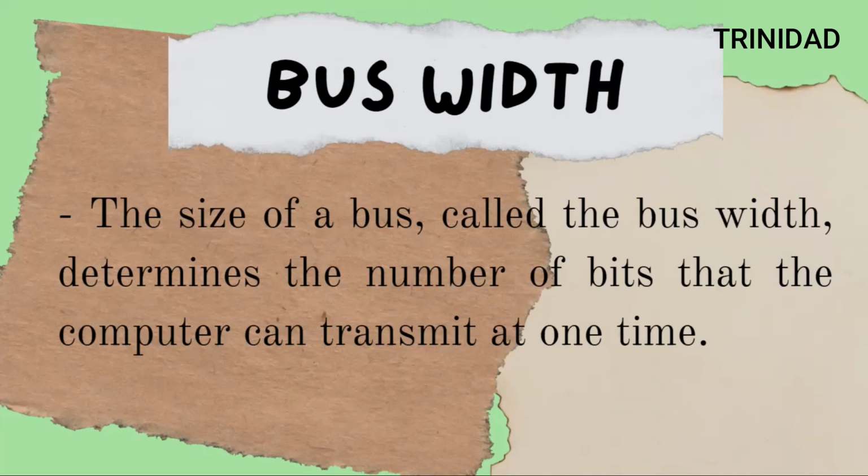Kung ang isang number sa memory ay nag-occupy ng 8 bytes or 64 bits, yung computer must transmit in two separate steps when using a 32-bit bus. Once for the first 32 bits and once for the second 32 bits.